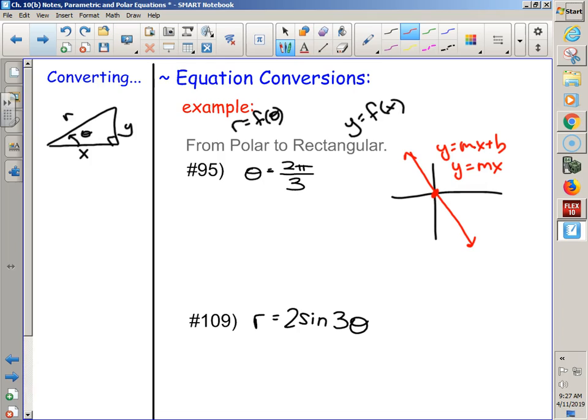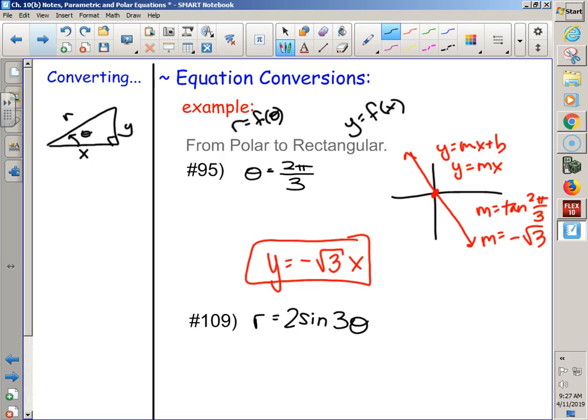Aha! I could say m is equal to tangent of theta, which is tangent of 2 pi over 3. So m is equal to, isn't that a 60-degree angle? And isn't tangent square root of 3 over 3 for 30 degrees, 1 for 45 degrees, square root of 3 for 60? But it's second quadrant. And don't we know it's a downhill slope anyway? So we could say y equals negative root 3 x.